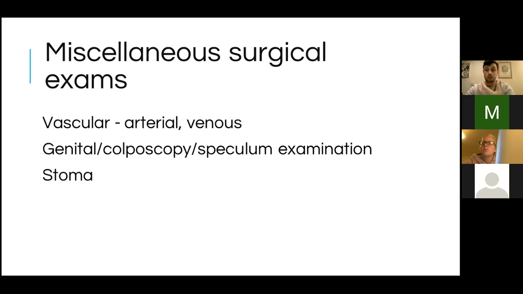You might be asked to do a genital exam, including a speculum or a colposcopy, and you might be asked to examine a stoma as well and be able to comment on the different types of stoma, if it looks healthy. But again, you would look, feel, and listen to the stoma as well if appropriate.